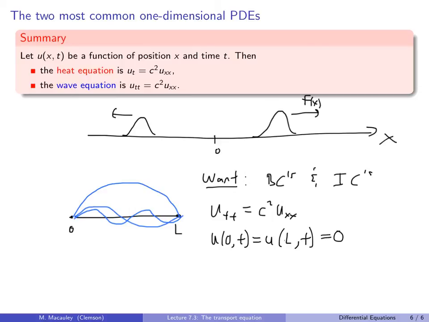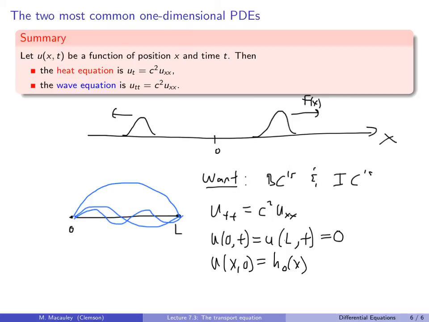And then we need not one initial condition but two, because we have two time derivatives. It's like when we throw a ball off a roof and we have an equation for that, we need to know the initial position and the initial velocity. So the initial position is u of x, 0 equals some function h0 of x.